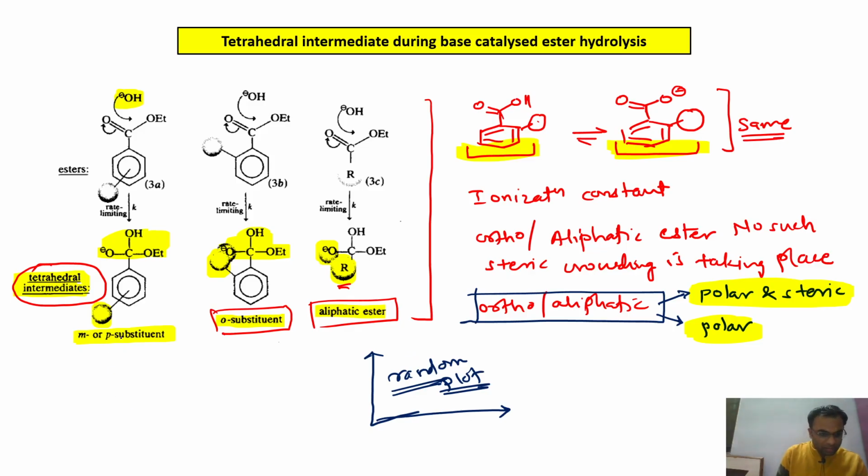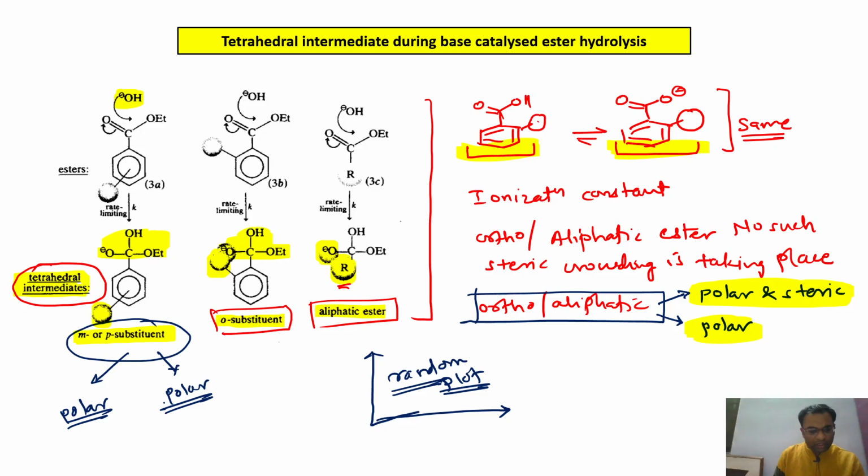But at the same time, in case of meta and para substituent, both reactions, that is base catalyzed ester hydrolysis as well as ionization constant, are only affected by the polar effect, that is inductive effect and resonance effect, and no such steric crowding is present for the ester hydrolysis as well as ionization constant.